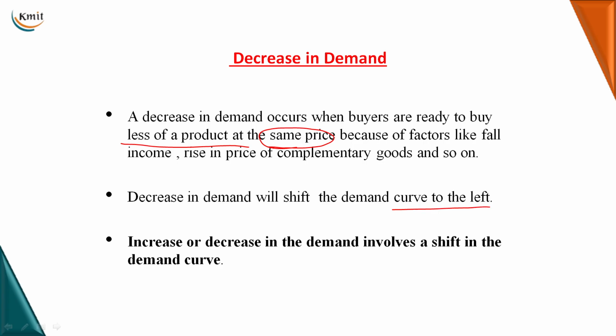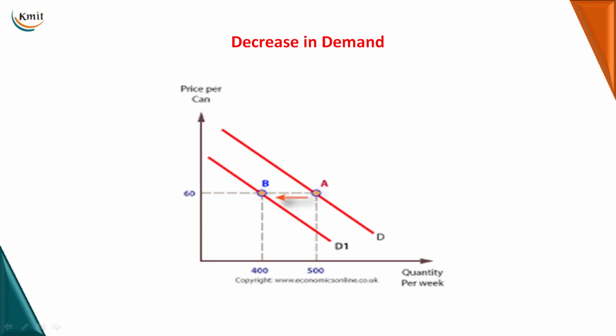So increase or decrease in the demand involves a shift in the demand curve. So this is the graph with which we can understand the decrease in the demand in a very easy way.